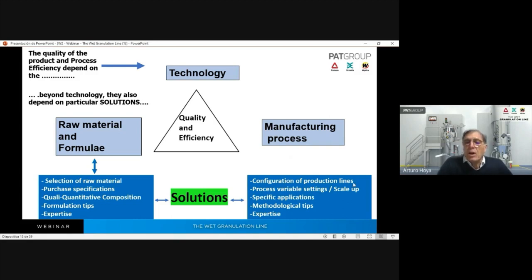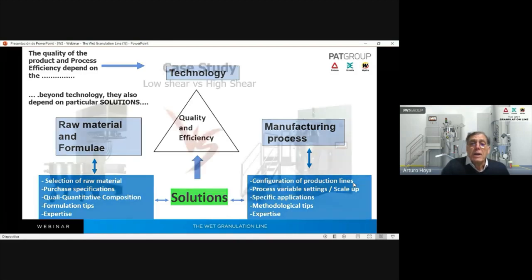The configuration of the production line must be optimal, and the process variable setting and the scale up could be performed. The specific application, methodological tips, and expertise are tools that we have to offer you.